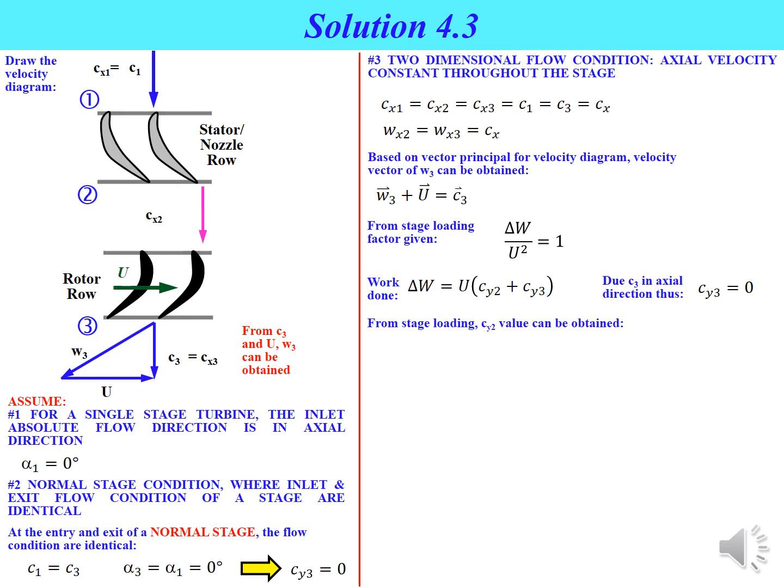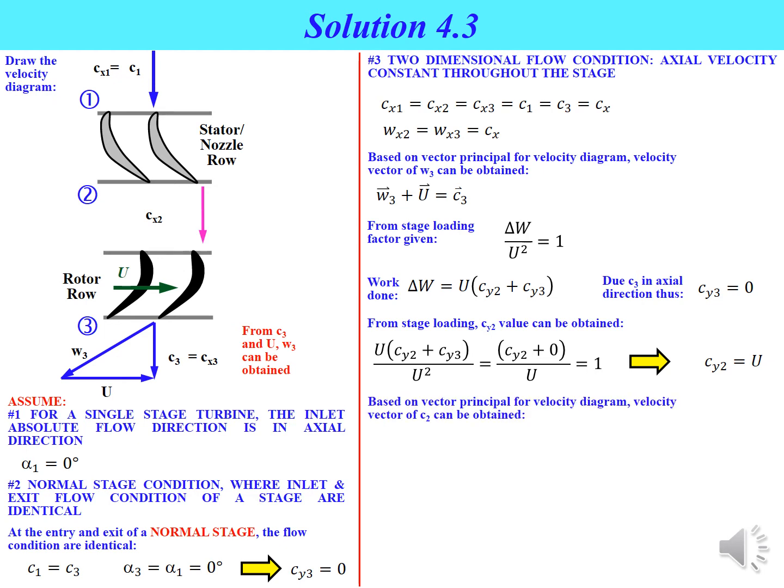So from such loading factor, Cy2 value can be obtained. Okay, substitute all the values into the formula of stage loading. So we can obtain that Cy2 now is equal to U. Okay, Cy2 equal to U.